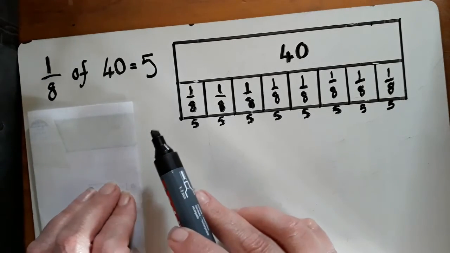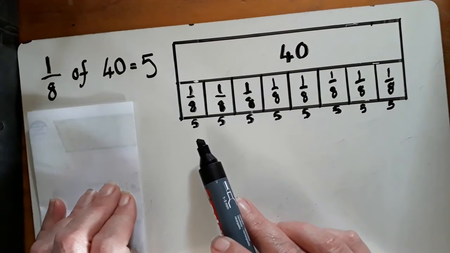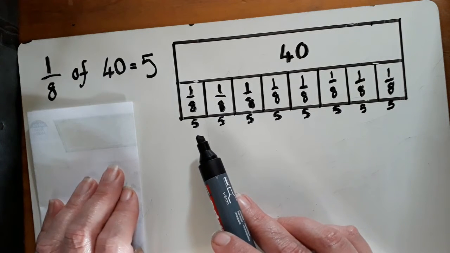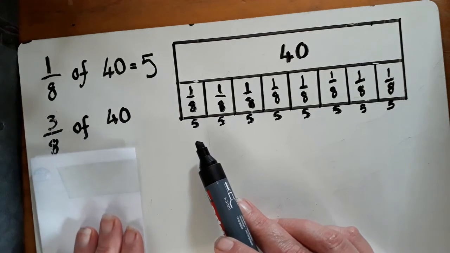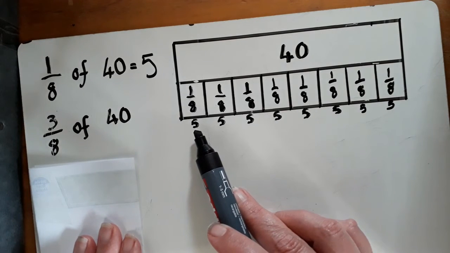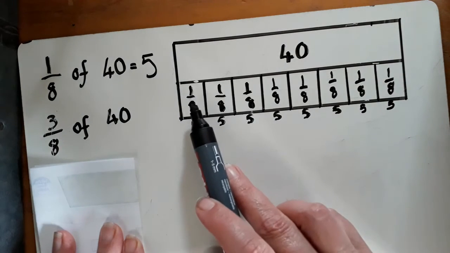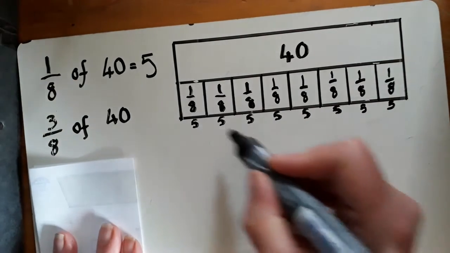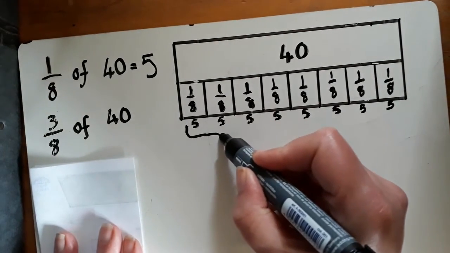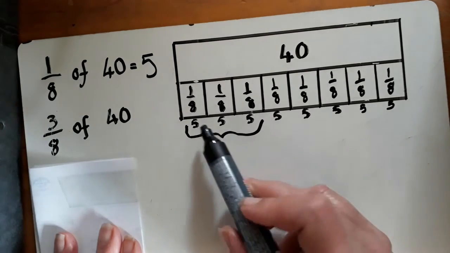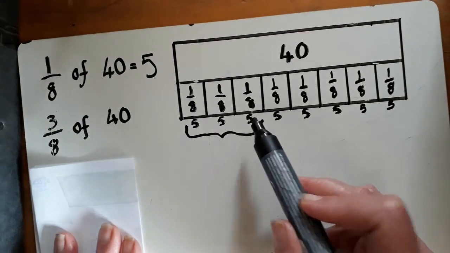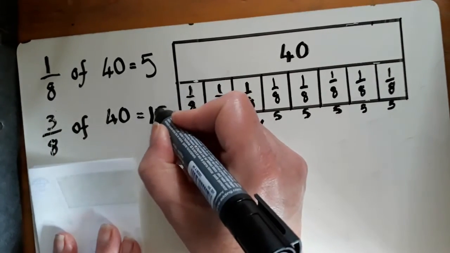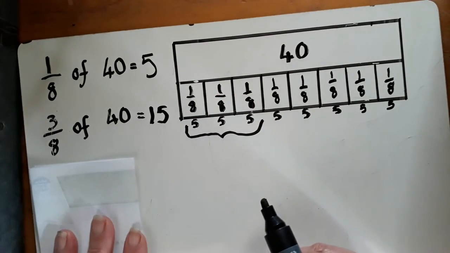The questions today build on your understanding of what 1/8 is. So it develops into 3/8 of 40. We don't have 1/8, we have 3 of them, so we'd have 5, 10, 15. So 3/8 of 40 is 15.